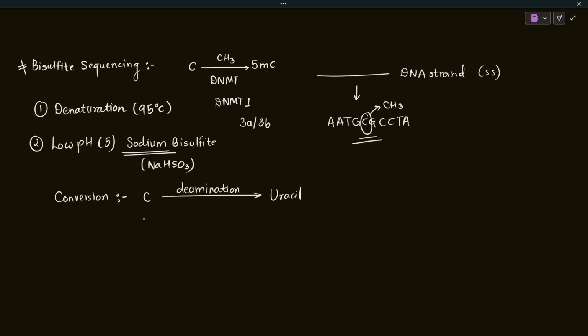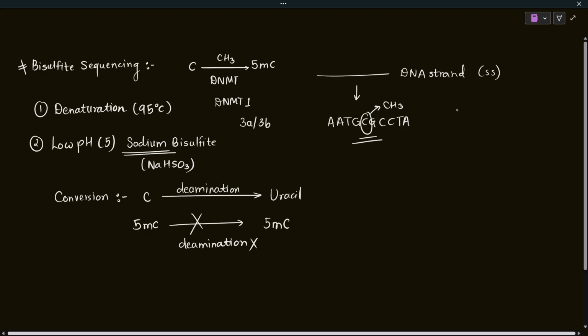But if instead of cytosine it is 5-methyl cytosine, meaning the CH3 group is added on it, it is not able to undergo deamination. The deamination reaction won't happen because sodium bisulfite is unable to deaminate 5-methyl cytosine, and it will remain 5-methyl cytosine.